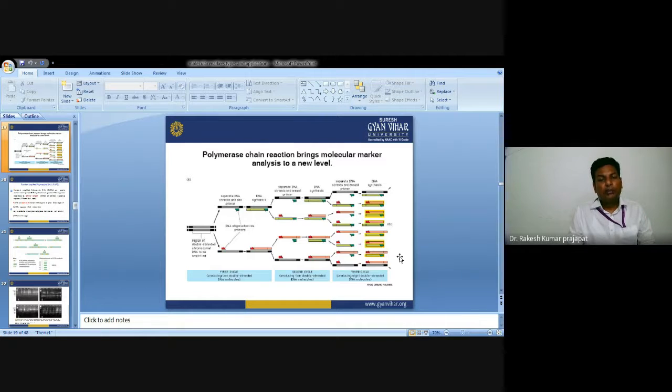The main objective of PCR is to amplify a particular DNA sequence into multiple copies, 2 to the power n, where n is the number of cycles. From one cycle it will produce two, two to four, four to eight, eight to 16, like that, to the power n cycles.